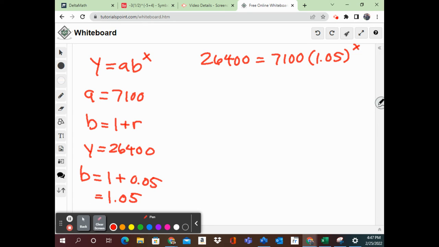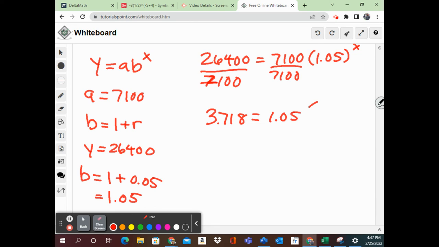So now we know we're going to have to divide. So we're dividing both sides by 7,100, right? And when you divide 26,400 by 7,100, you're going to end up getting 3.718, right?